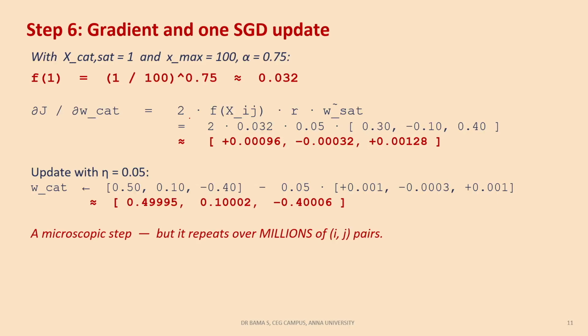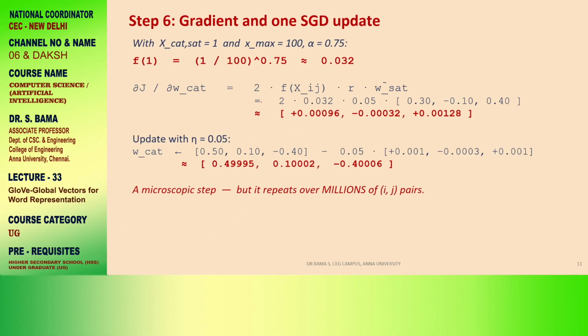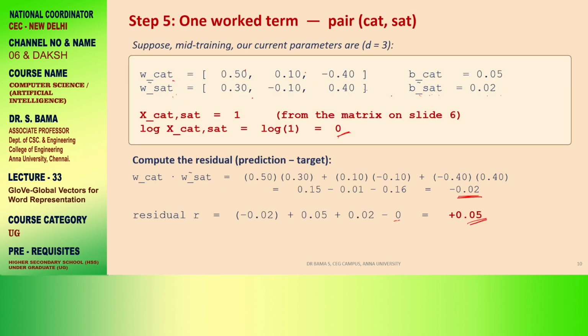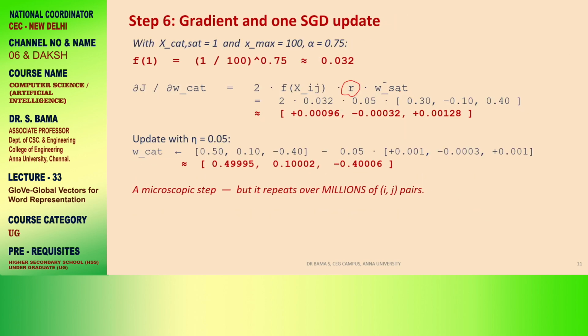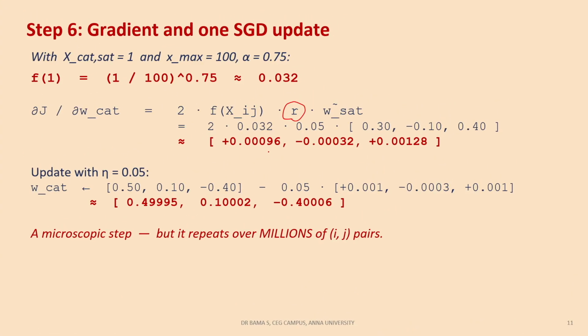When we multiply the gradient dou J by dou w cat, we get 2 times f of xij times the residual r, which we got from the previous slide, 0.05, multiplied by the vector of w sat. So we will get the value as 0.00096, and there is only a slight change. Suppose we update that with a learning rate of 0.05, we get these values 0.4995, 0.10002 and minus 0.4.